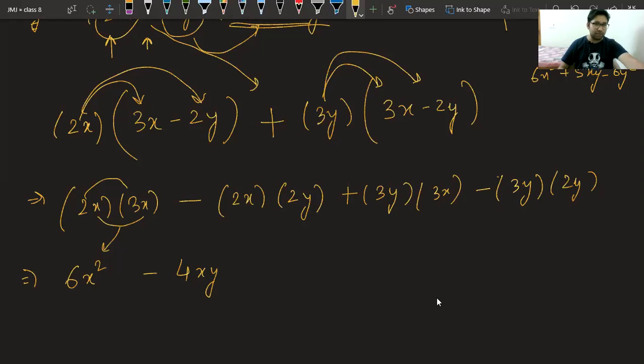Then minus sign is there, 2 2s are 4, x and y will give you xy, plus 3 3s are 9, y into x is yx. Okay, Gursharan, please check beta, it will be done very easily. 3 2s are 6 and y into y is y square. So class, this is the answer.